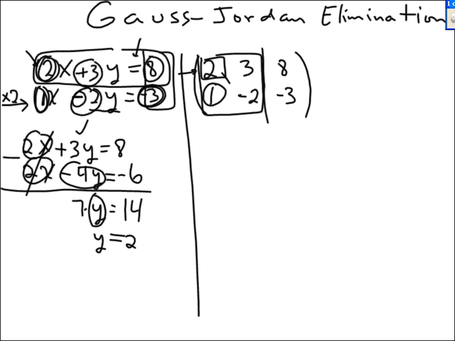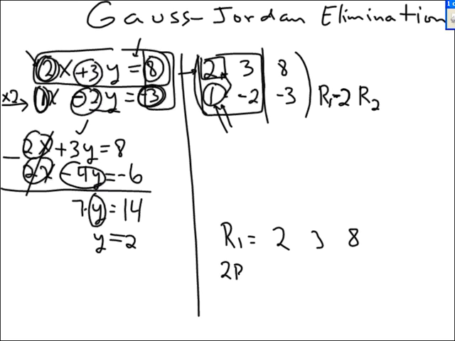Well, the least common multiple between 2 and 1 is 2. Well, row 1 already has a 2. Now, in the first position, if I double row 2, then this first position will have a 2. And since they're both 2's, I will subtract and I'll get 0. So row 1 is 2, 3, 8.